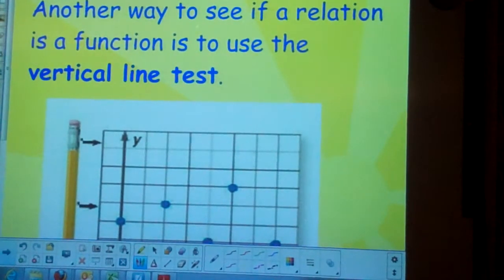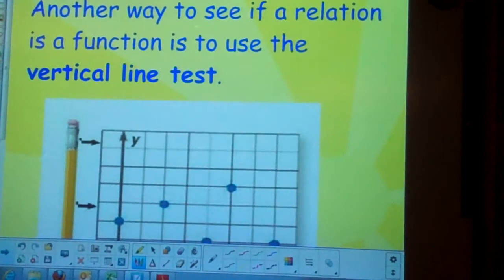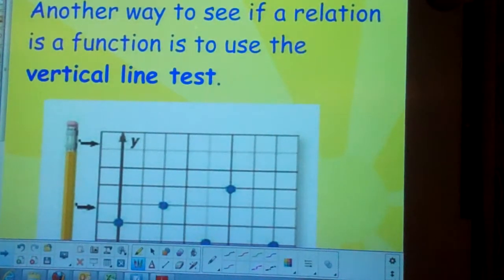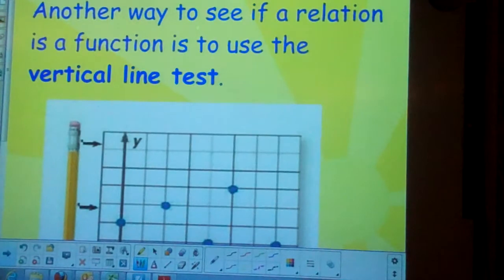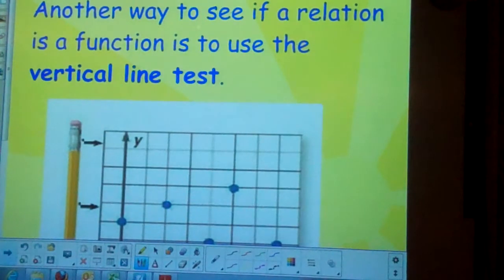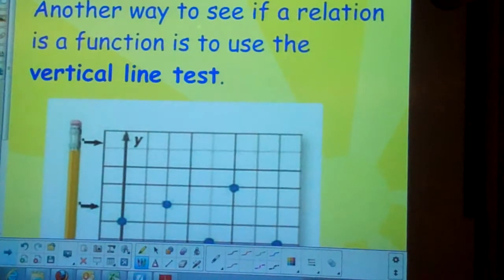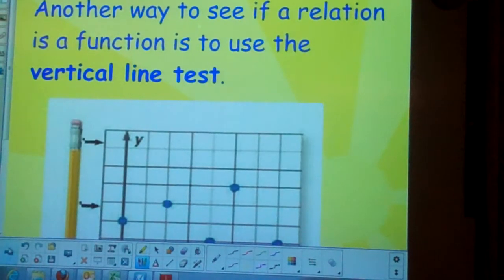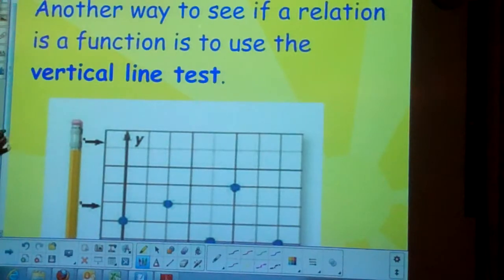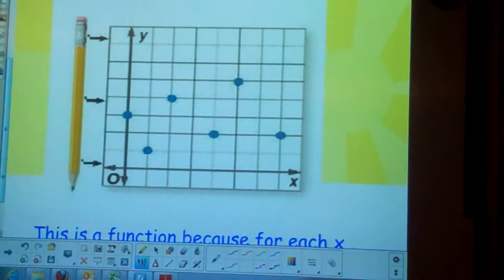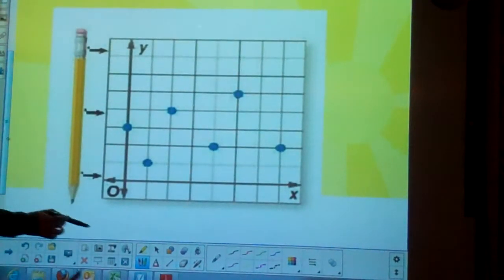Another way to see if a relation is a function when we have a graph is to do the vertical line test. Here's what the vertical line test says.